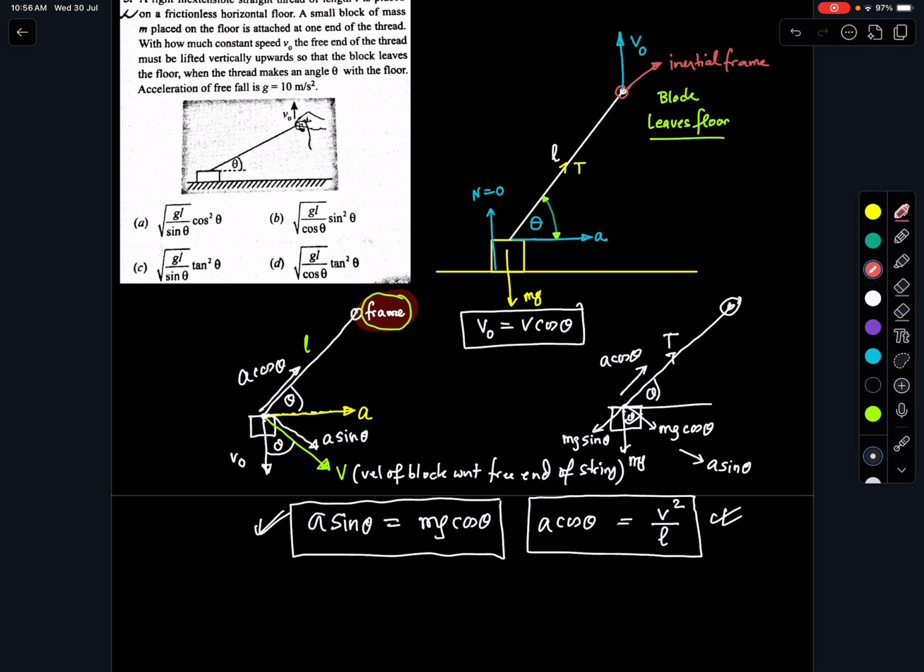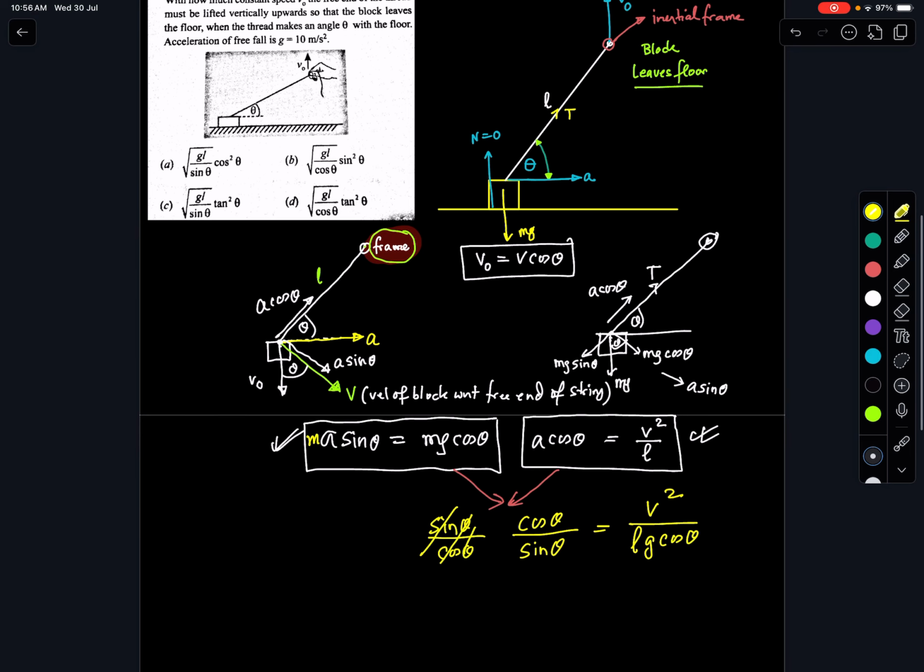So cos theta divided by sine theta is equal to v square divided by L g cos theta. And from the earlier equation we replace v with v naught by cos theta. So cos theta divided by sine theta is equal to v naught square by cos square theta, divided by L g cos theta.